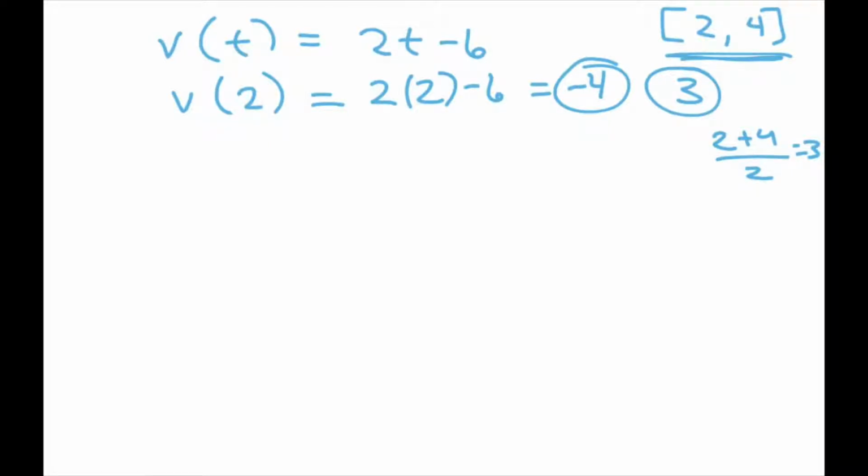And let's try 4. Let's just put 4 in. So you get 2 times 4 minus 6, and that's going to be 2, which is positive. So this is positive, this is negative.